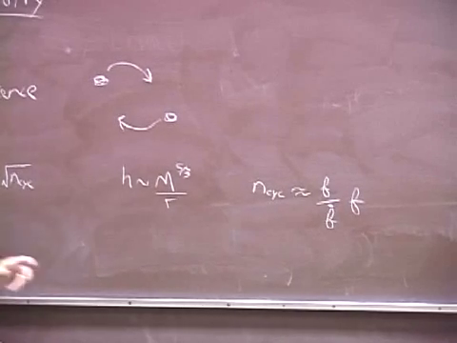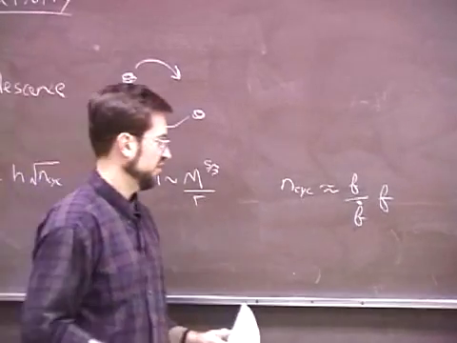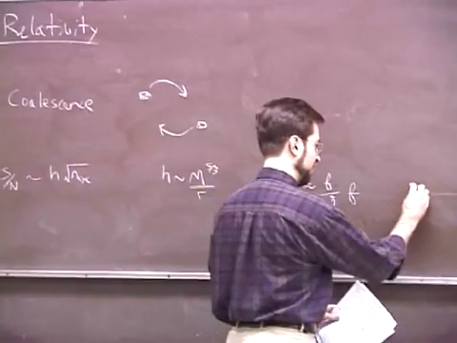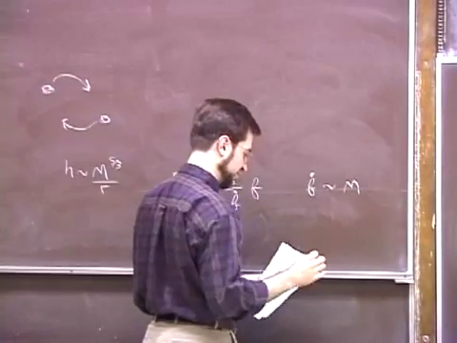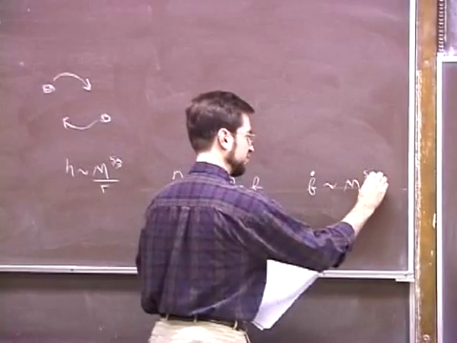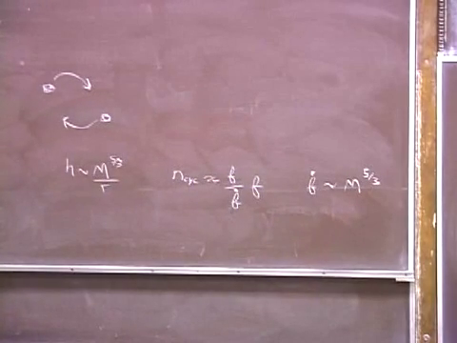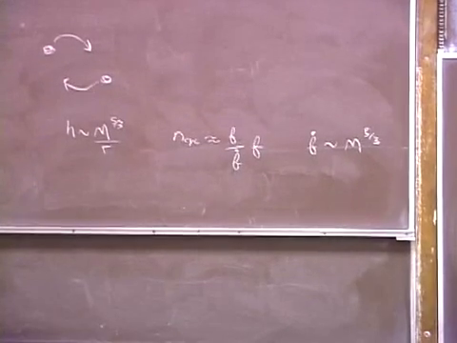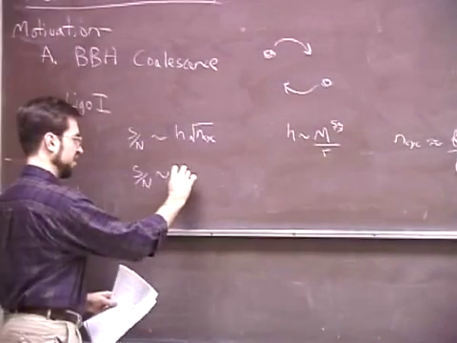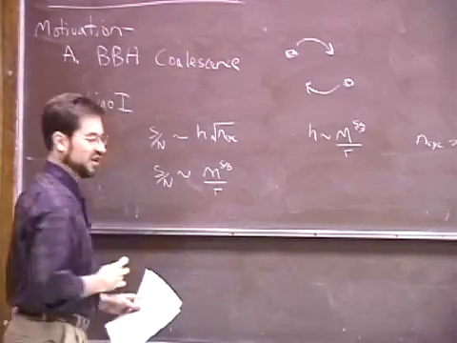And you've already looked at what this f dot is in one of your homework assignments, and you find that f dot again goes like mass to the 5/3. So if you combine all of these together, you find out that the signal to noise goes something like m to the 5/6 over r.